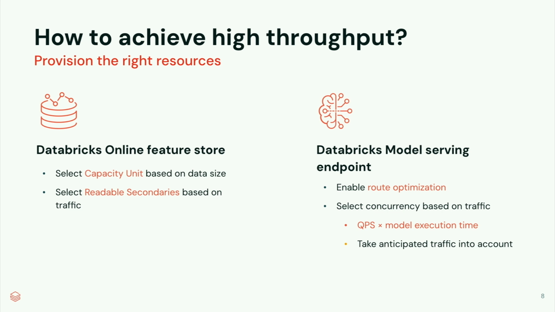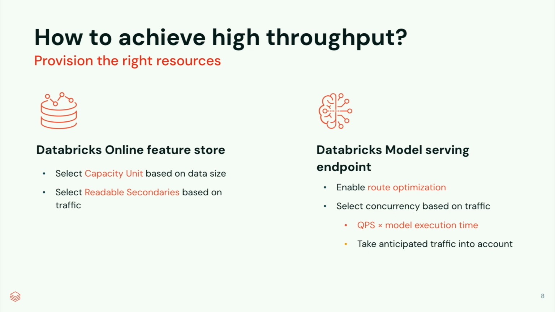So for the online feature store, this is also a little bit of a spoiler, we are providing some new options for you to tune its capacity. It's both horizontal scaling and vertical scaling. Based on the data size you have, we have the in-memory cache that can improve performance a lot, and you can specify the capacity unit.